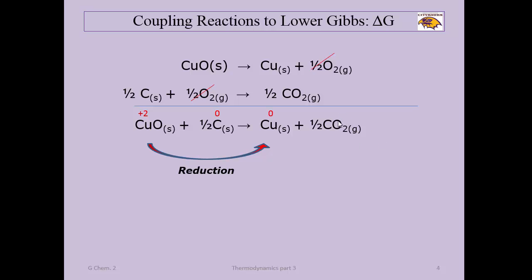And over here in carbon dioxide, its oxidation number is +4. So the carbon started at 0 and went to a +4 oxidation number, which means it must have undergone oxidation. And although this is cut in half, so that would be 2 electrons, there were also 2 electrons exchanged.